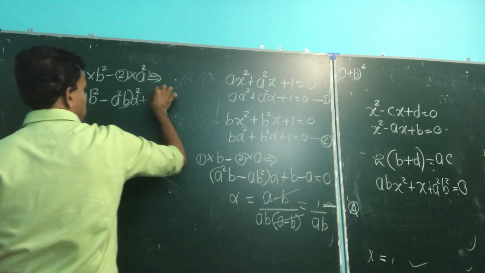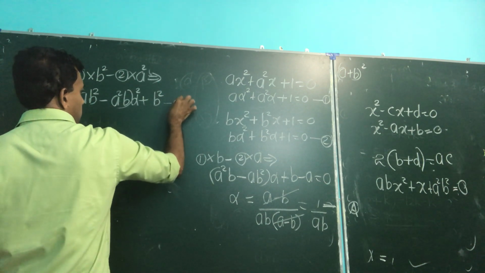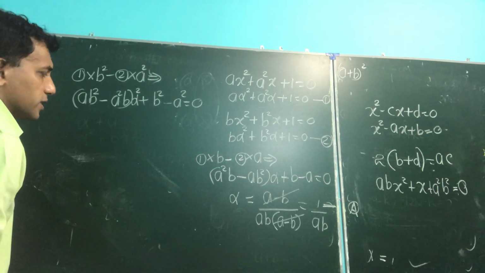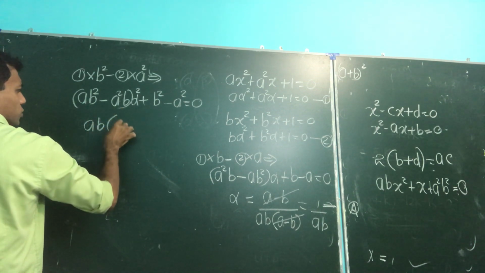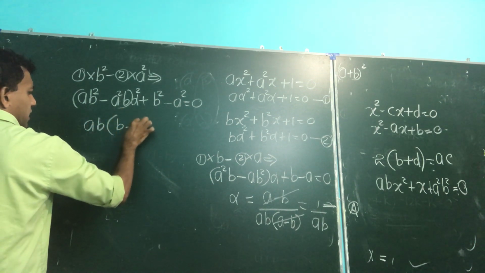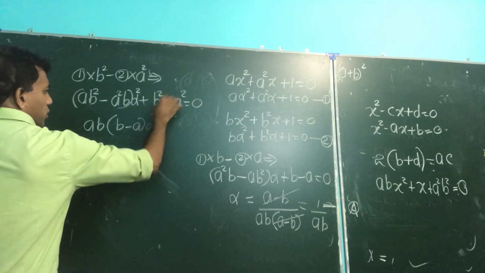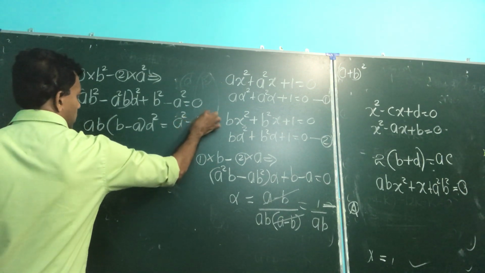Plus 1 times b square minus 1 times a square equals 0. Okay, see the relation. Take the ab out. It becomes (b minus a) into alpha square equals, here what? Take the other side, a square minus b square, right?